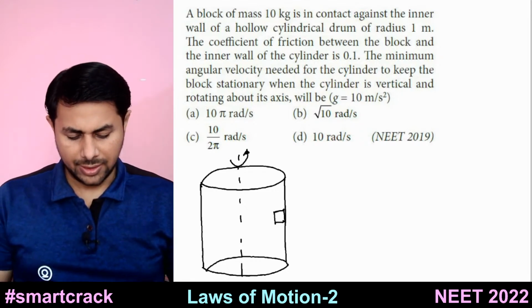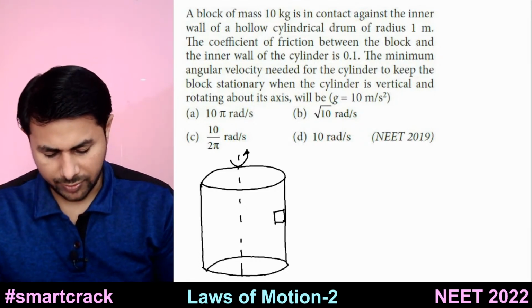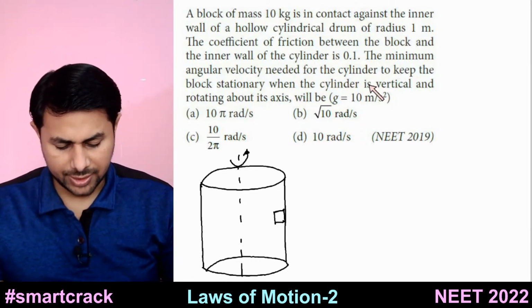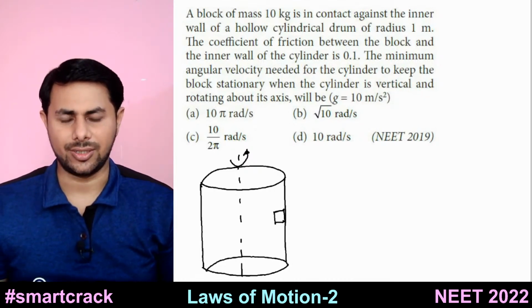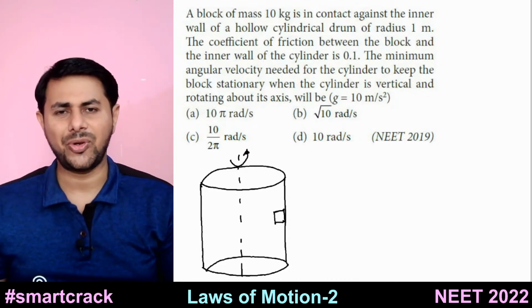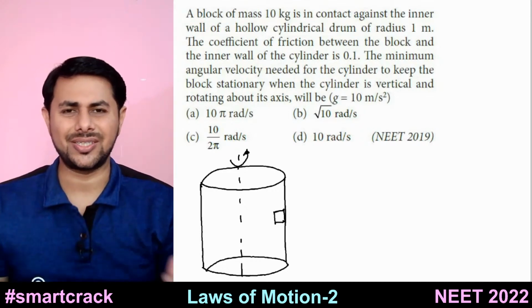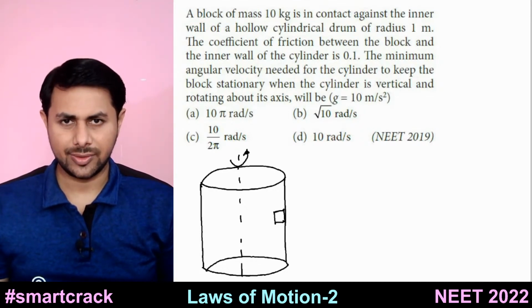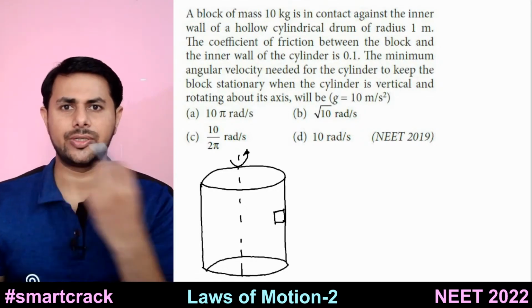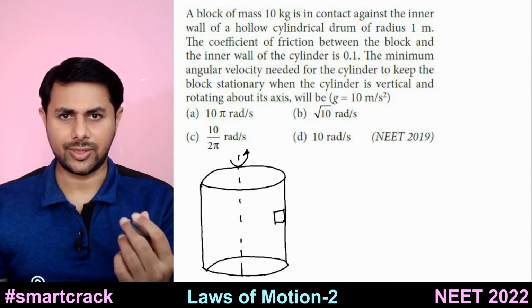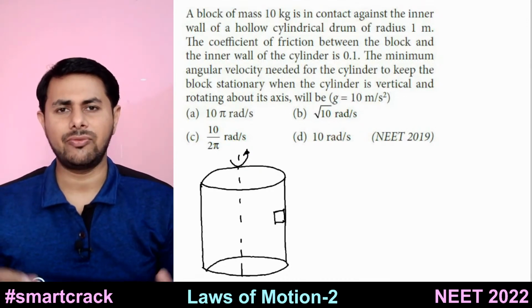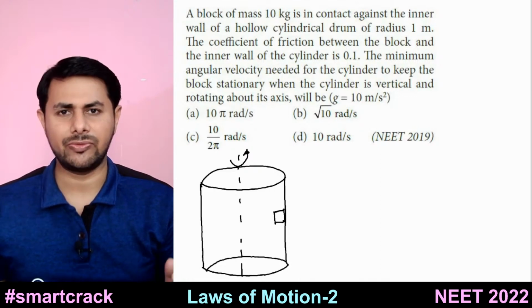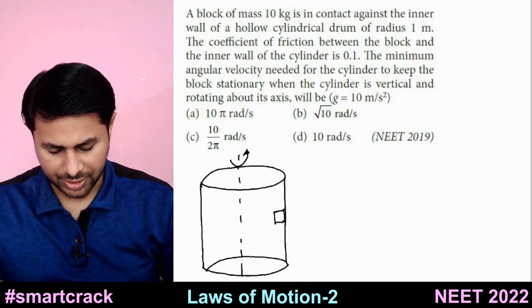The question is the minimum angular velocity needed for the cylinder to keep the block stationary. Why would the block be stationary if the cylinder is rotating? Because the block will also move in a circle as the cylinder rotates, and there will be a centripetal force which will be provided by the normal reaction.